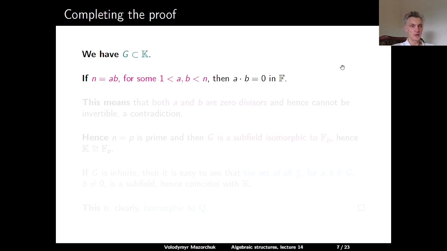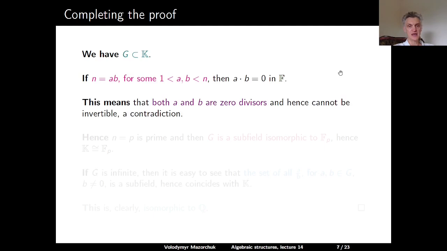If we assume that n is a times b for some positive integers a and b strictly between 1 and n, then a times b in F will be equal to 0. But this means that both a and b are zero divisors, and so they cannot be invertible. And this contradicts our assumption that F is a field.